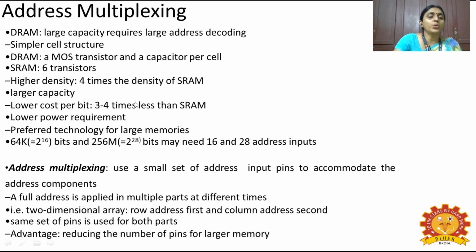That is, for a two-dimensional array, the row address comes first and the column address second. The same set of pins is used for both parts. The advantage of address multiplexing is reducing the number of pins for larger memory.